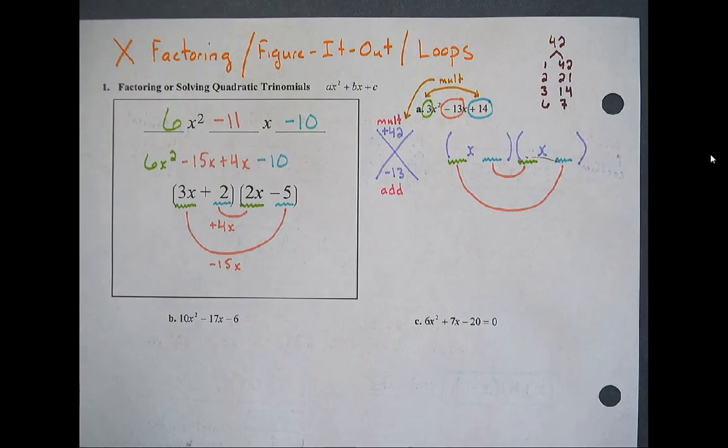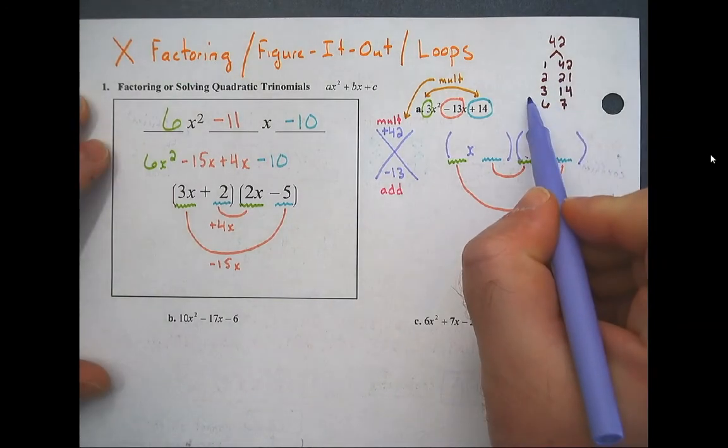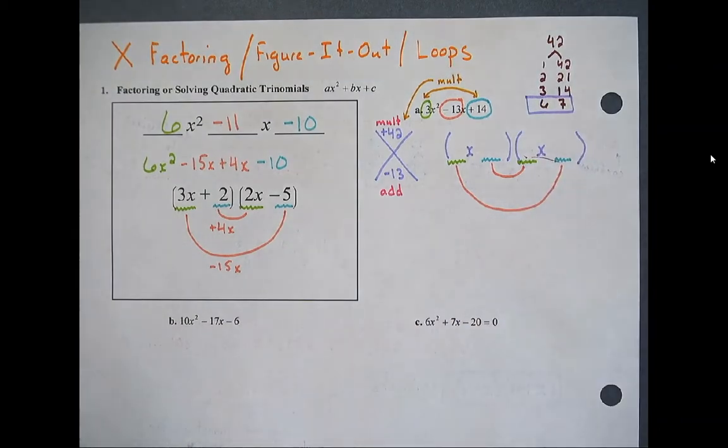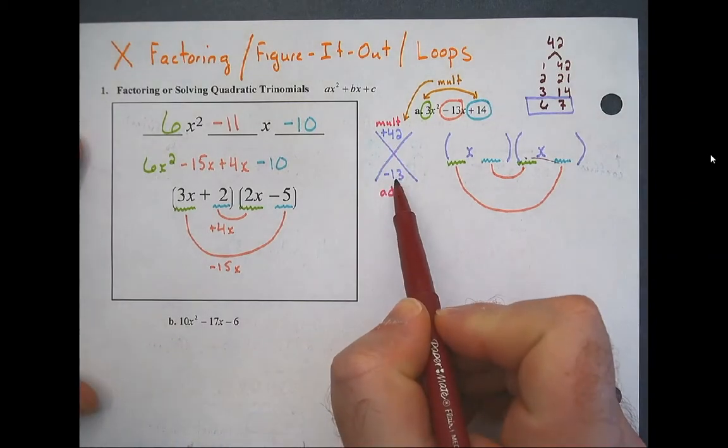So now I'm going to highlight this. And then I'm going to make sure that I build a negative 13 and a positive 42. So what sign on the 6 and what sign on the 7 need to add together to make a negative 13?